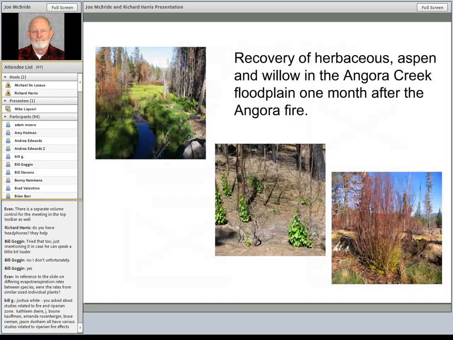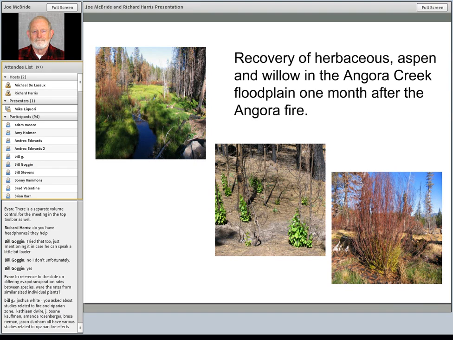The next slide illustrates the recovery through sprouting of some hardwood species in the Angora Creek area adjacent to Lake Tahoe.